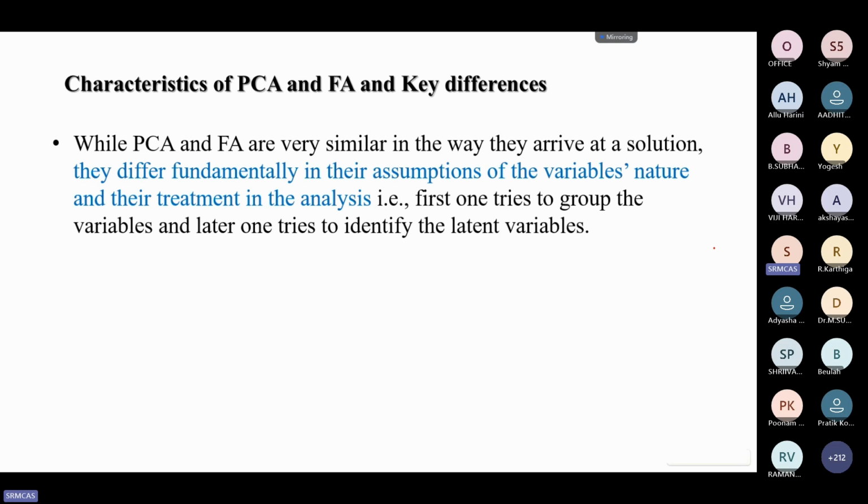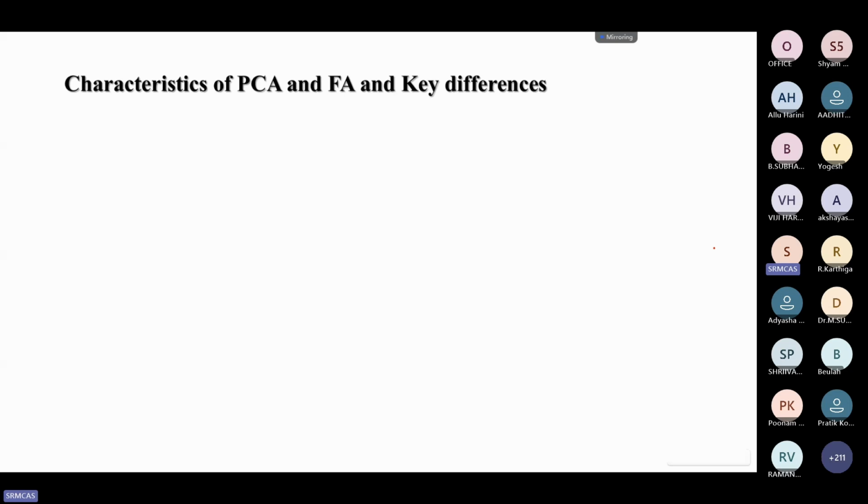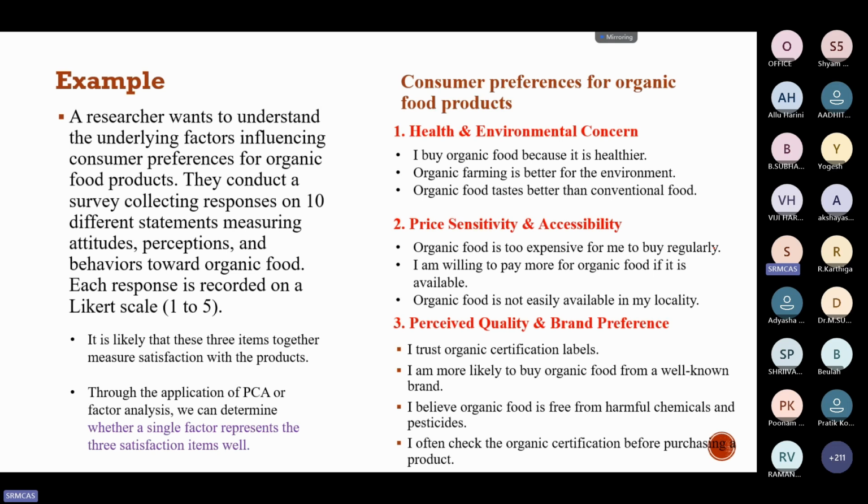The first is that PCA tries to group the variables, and factor analysis tries to identify the latent variables. PCA will not show any kind of pattern, it just groups the variables, but factor analysis identifies the kind of groups. These are called latent variables.